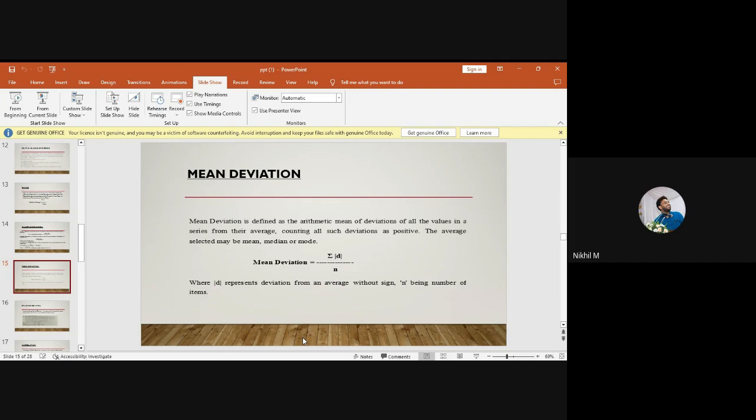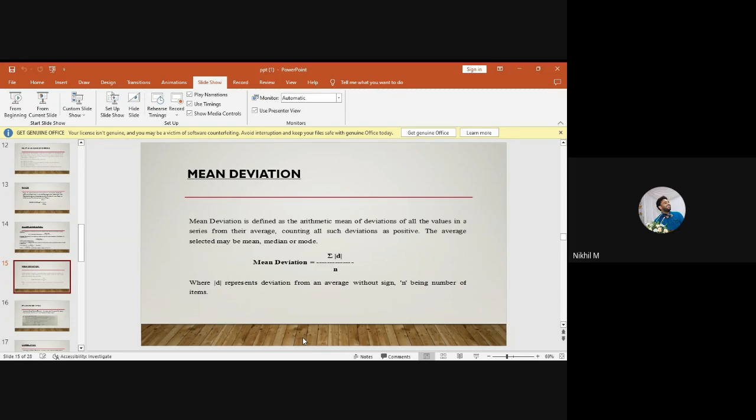The coefficient of mean deviation is equal to mean deviation divided by the average from which the deviation is computed, that means mean deviation divided by mean. For individual series this is the formula, but for continuous and discrete series the mean deviation is equal to sigma f into |d| divided by n, where d is, as already mentioned, the deviation from an average without sign.